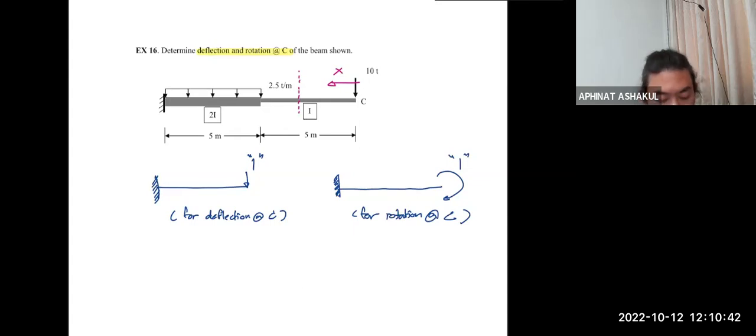Then be mindful that when you reach the second portion of this beam, you can keep your moment equation using the reference x from C, or you can begin again here. Think about it, right? You have a choice.